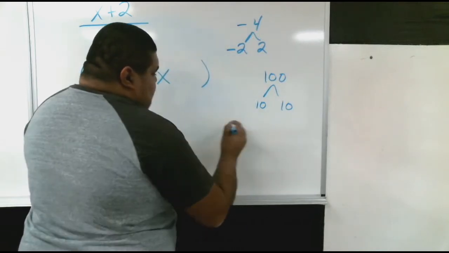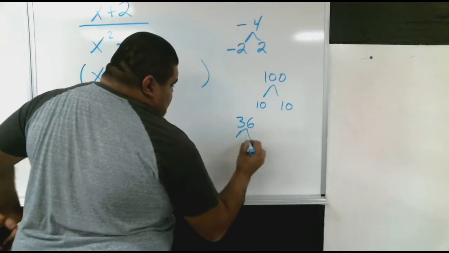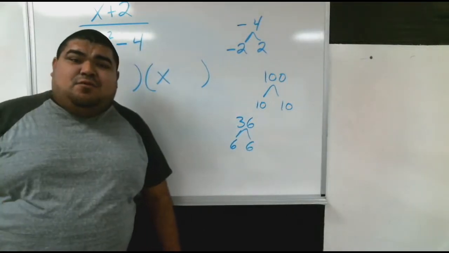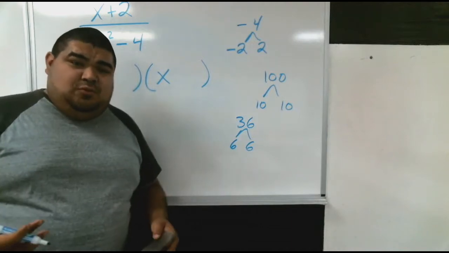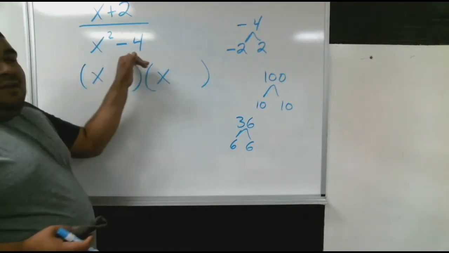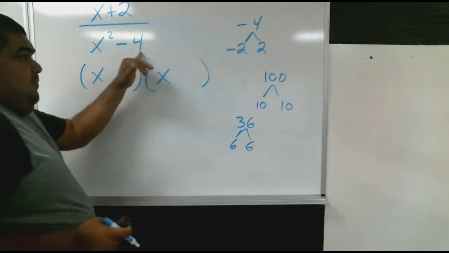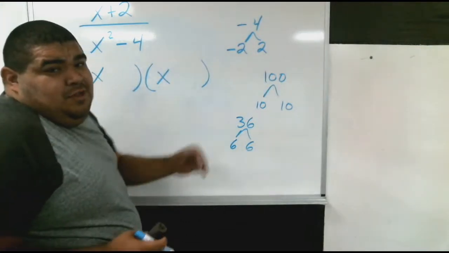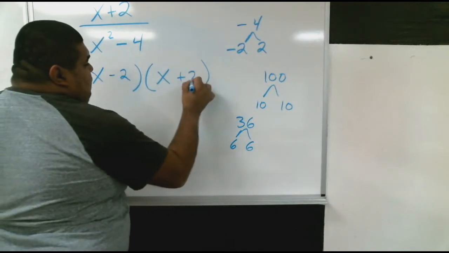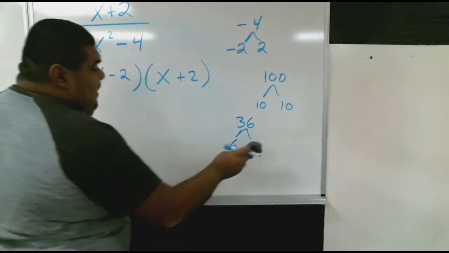Let's go 36. 36 is 6 and 6. Okay? 16, 4 and 4. All your perfect square ones are usually set up like this. In this case, our perfect square root is 2. One positive, one negative. So we're going to put it in here. Minus 2 plus 2.